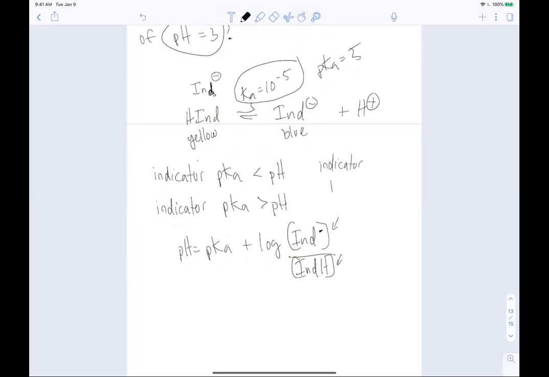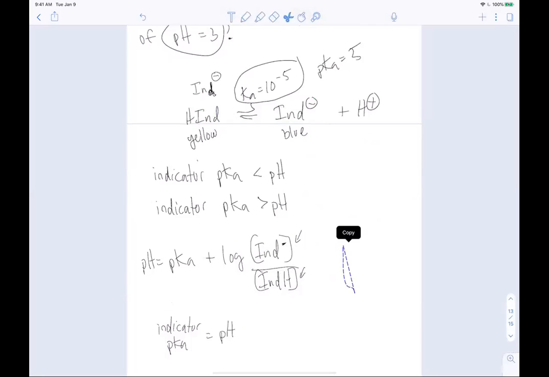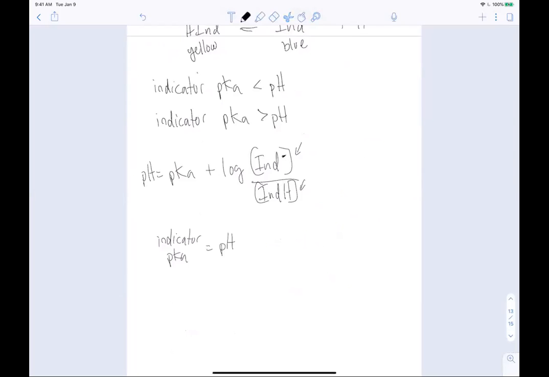If the indicator pKa is exactly equal to the pH, that means the ratio of indicator that's ionized to indicator that's not ionized is equal to 1.